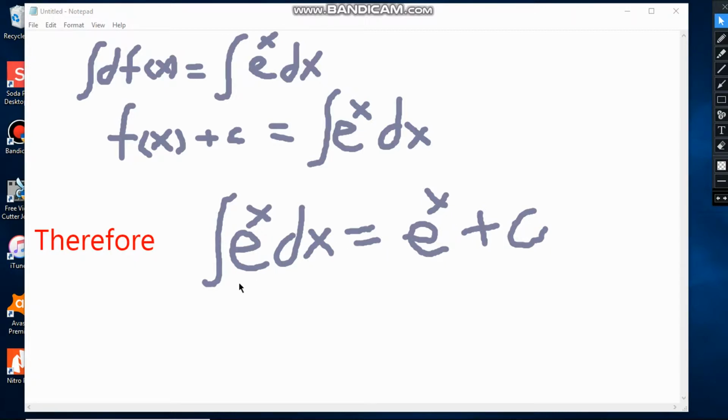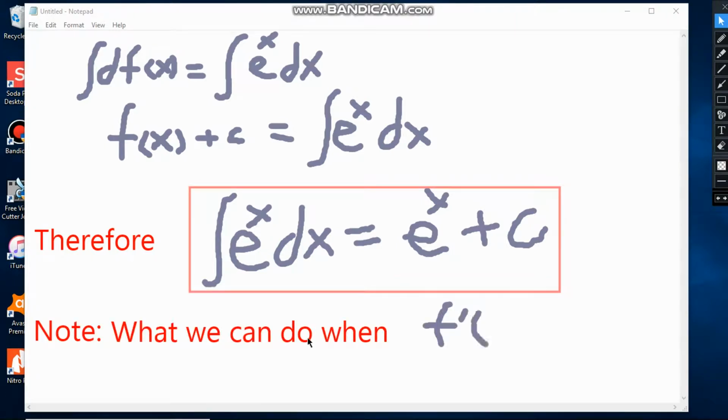This is the same as when we differentiate e raised to x, we get the same result, and when we integrate e raised to x, we get the same result plus a constant. Okay, so what can we do if f dash of x has a coefficient a, where this one has coefficient 1?